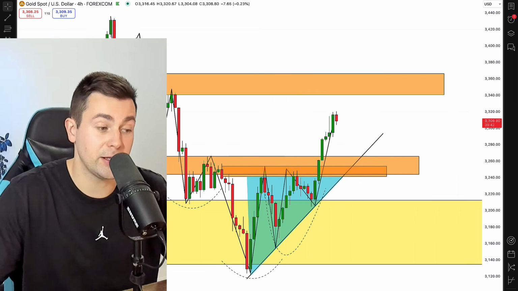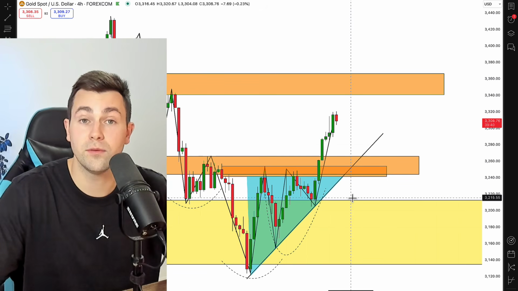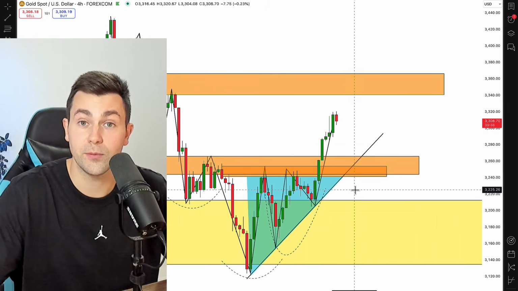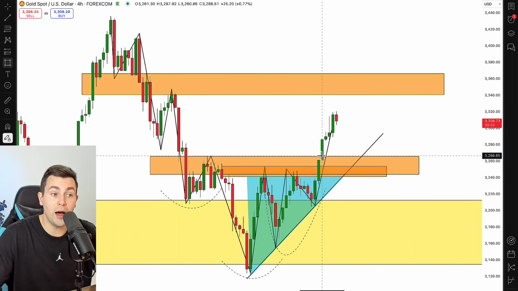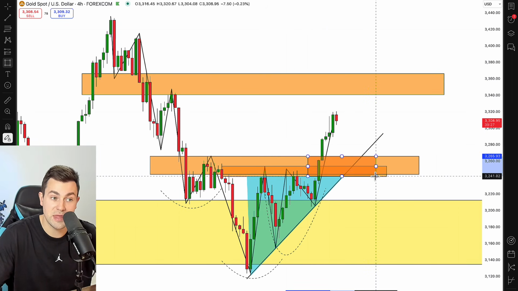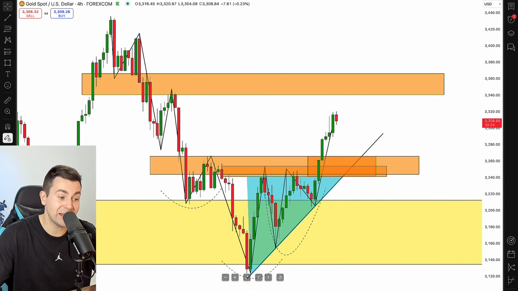From such a perspective, the best strategy to follow to buy gold safely will be to identify the closest strong support. And our closest strong support, our safest zone to buy from, will be based on two broken necklines, that support cluster, and a trend line. Look, we also have a trend line of our ascending triangle.